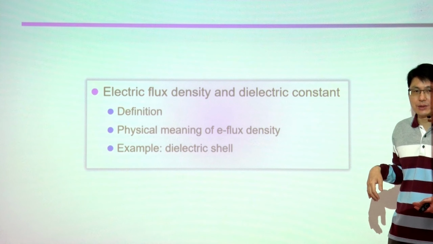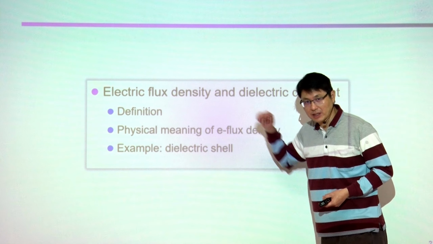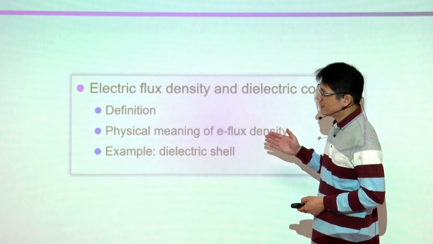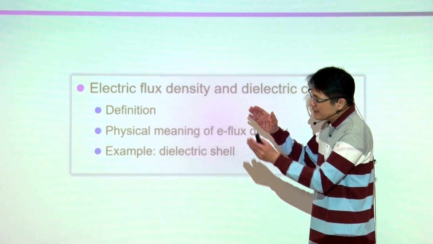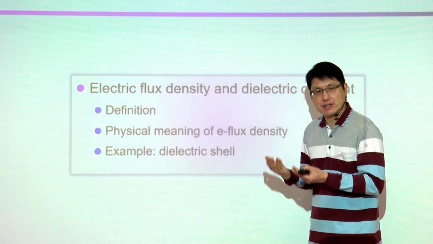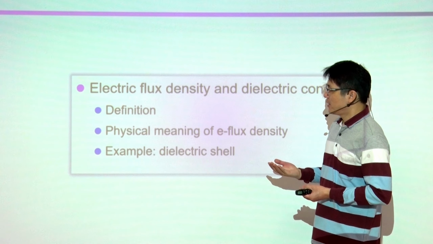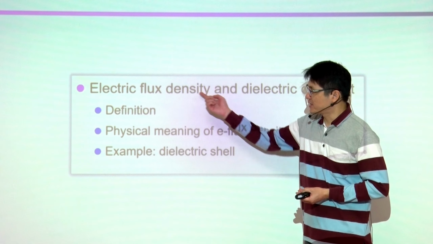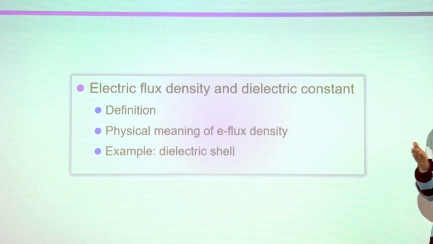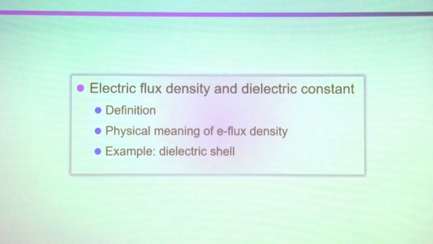But once you have materials, we talk about D. I am going to define D, but I want to make a discussion which makes more physical sense: the meaning of flux density and the difference as compared to electric field intensity.